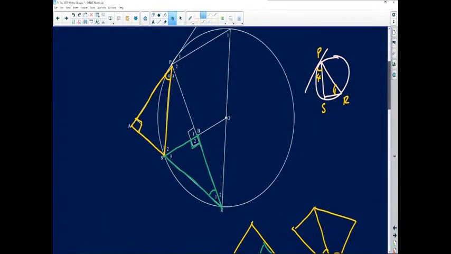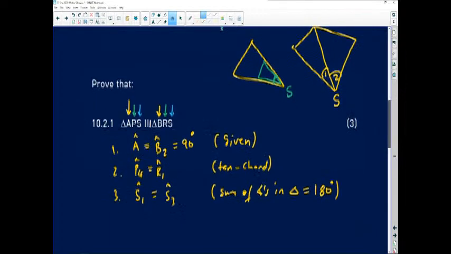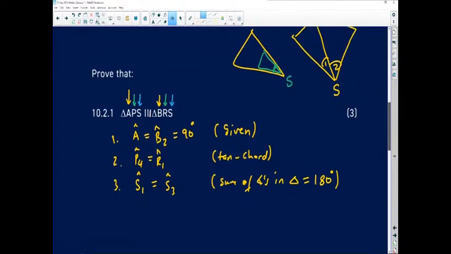It's S1 and S3. S1 is equal to angle S3, and the reason is because the sum of angles in a triangle add up to 180. So if two pairs are equal between two triangles, the third pair is always going to automatically be equal because they need to sum up to 180 degrees.